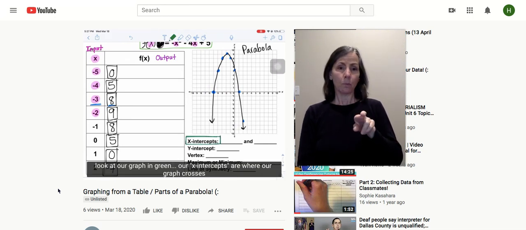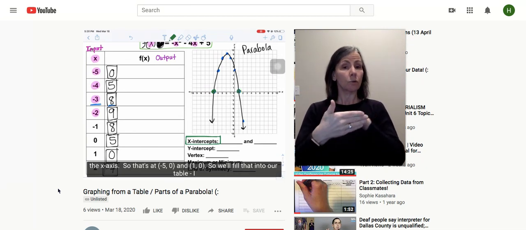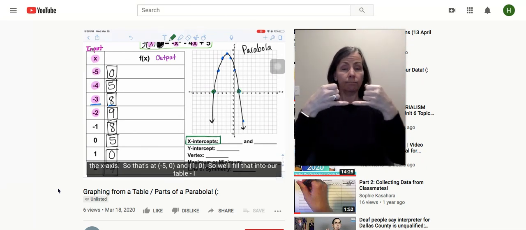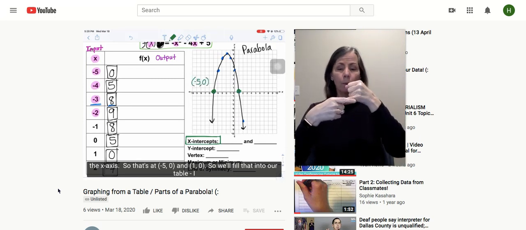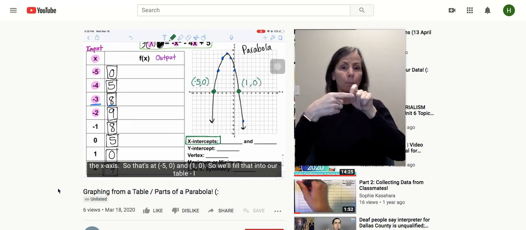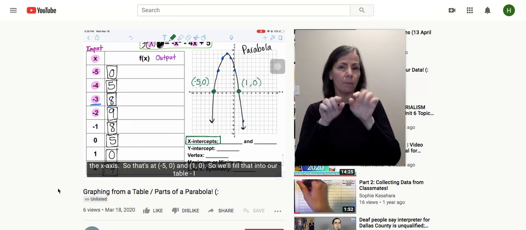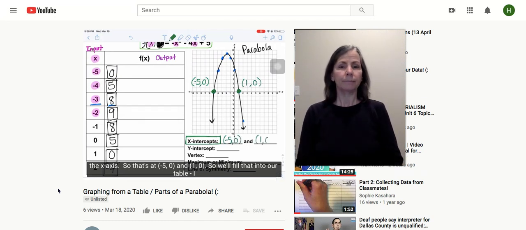Now we're going to look at our graph. In green, our x-intercepts are where our graph crosses the x-axis. So that's at -5, 0, and 1, 0. So we'll fill that in to our table.